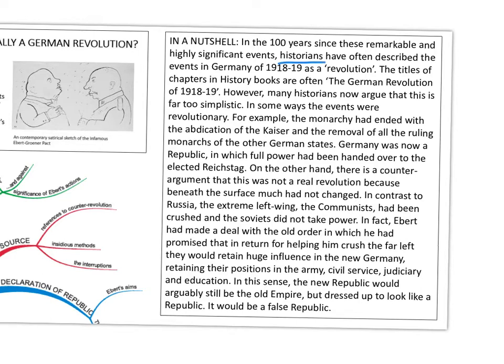And historians have often described the events in Germany as a revolution, those events of 1918 to 1919. If you pick up history books written over the last 100 years, you will often find a chapter that calls it the German Revolution of 1918 to 1919.